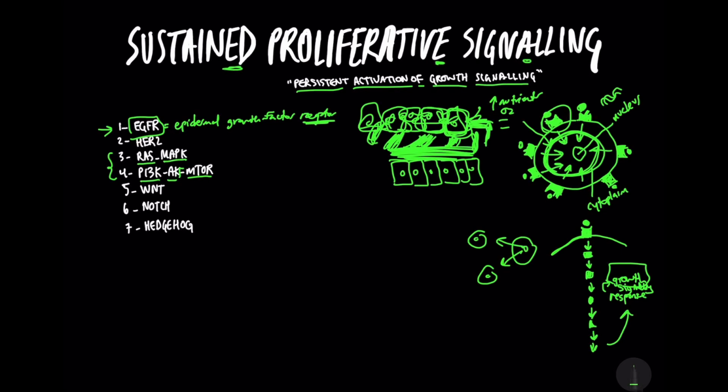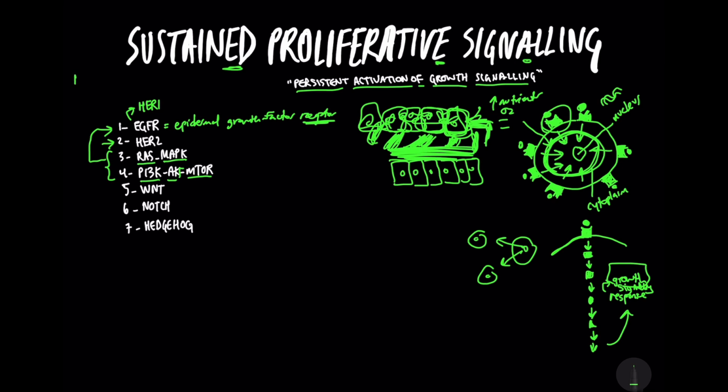Now, to continue our conversation of these pathways, let's look at number 2. Numbers 3 and 4 are related to number 1, and perhaps these other pathways as well. But focusing on HER2, before we get there, I want to mention that EGFR is equivalent to HER1.